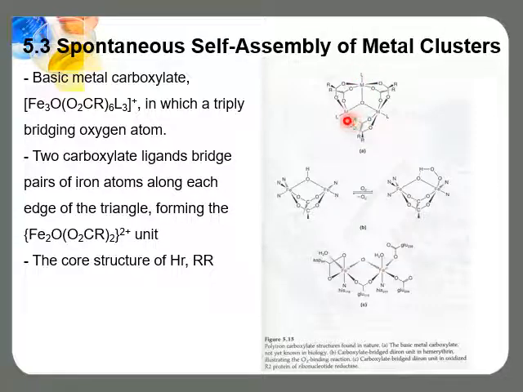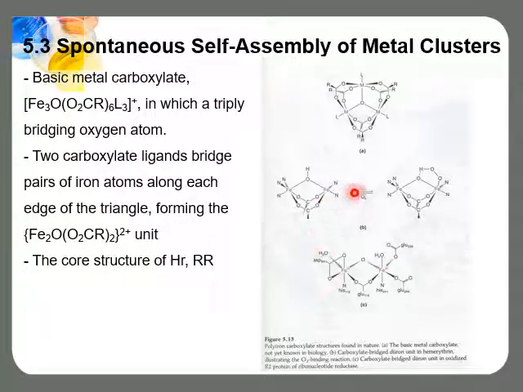And also there are some more ligands coordinated to the metal center. In this way, all the three metals are stabilized in the octahedral geometry. You can see all the metal ions have six coordination, and the geometry is octahedral.